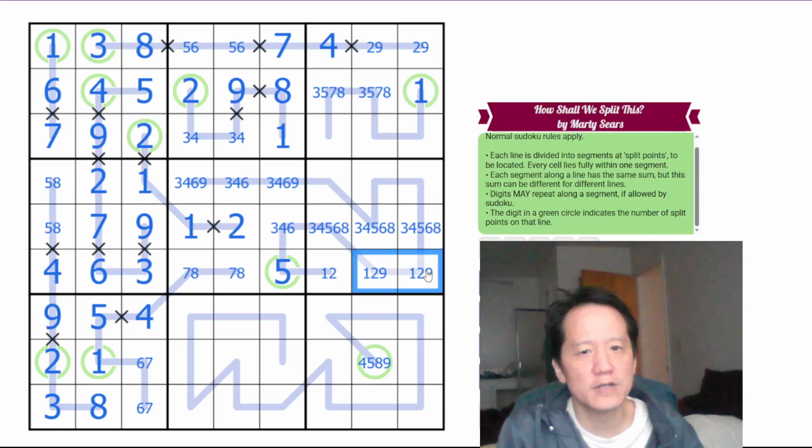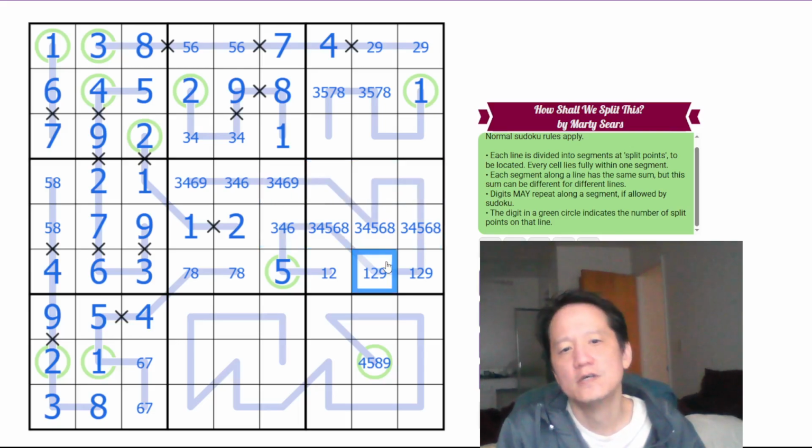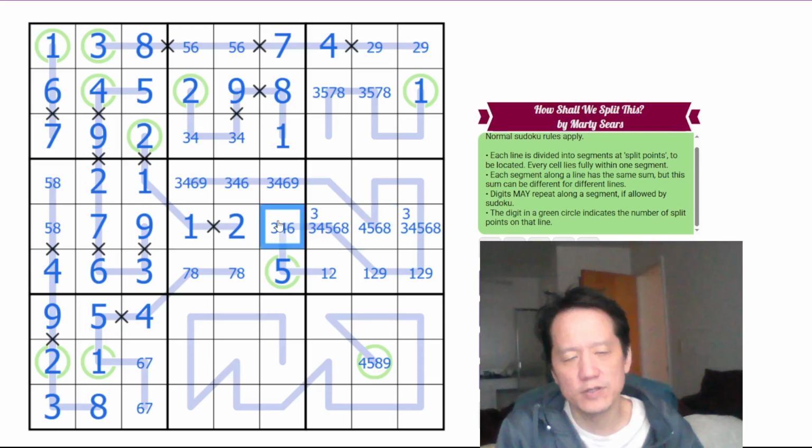This 9 can only add up with a 3 to add up to 12. So one of these is a 9, which means one of these has to be a 3. Because it cannot have 1 and 2, because that's not allowed anywhere else on the line. So 3 has to be either here or here, which means this can't be 3 and this can't be 3.